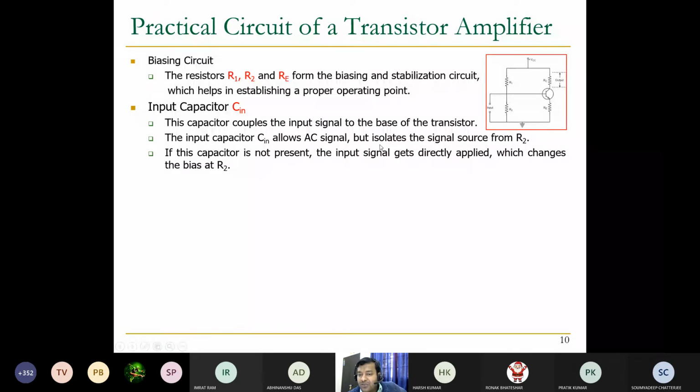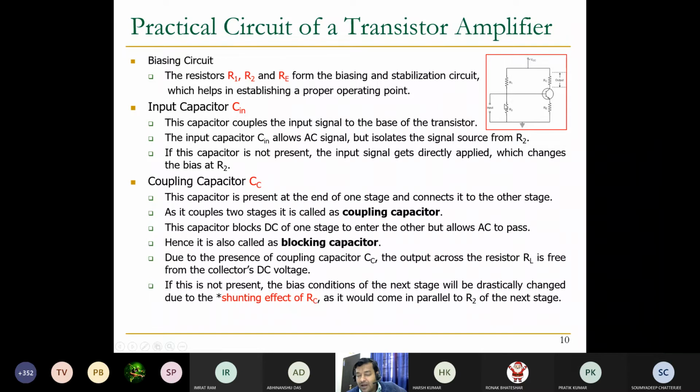It also isolates the AC source from R2. If this capacitor is not present, the input signal gets directly applied, which changes the bias at R2.